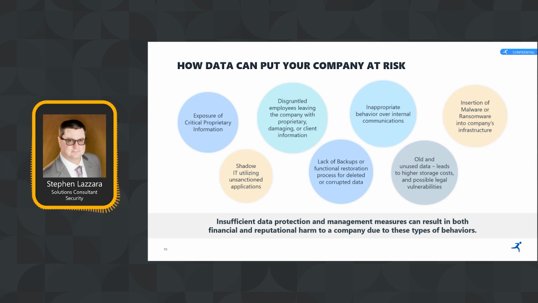And any company without a sufficient data protection or management measure set up is at risk. And you're at risk not for reputational harm, you're at risk for financial harm. This type of behavior, and when I say behavior, I'm referring to how data is utilized and managed by your personnel, is the risk to you and to the company as a whole.